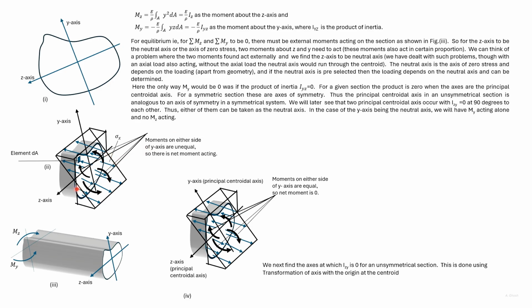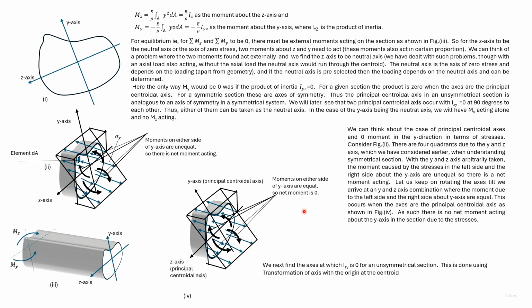Now let us keep on rotating these two orthogonal axes. We rotate till the moments on the left and the right of the y-axis are equal to each other. So there's no net moment acting about the y-axis.